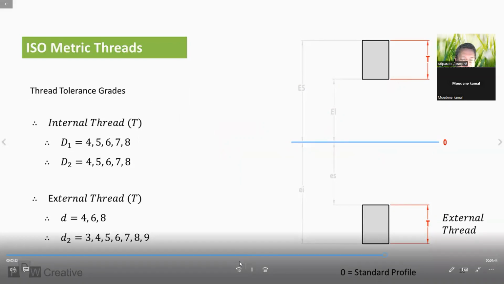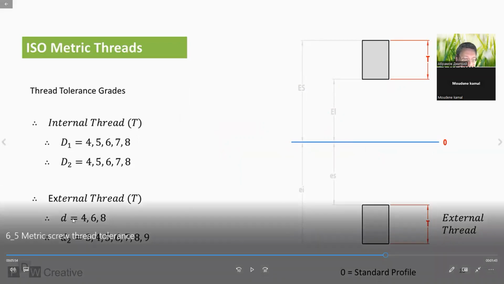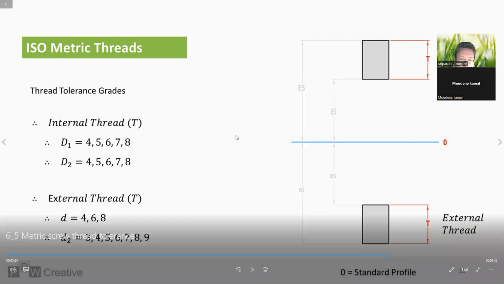There are extensive charts available for internal thread tolerance fields and external thread, internal thread in the nut and external thread of the bolt.